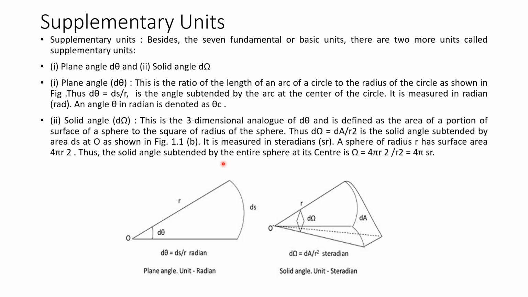So a complete sphere subtends an angle of 4 pi steradians at the center. That's about supplementary units. Those are plane angle and solid angle, d theta and d omega.